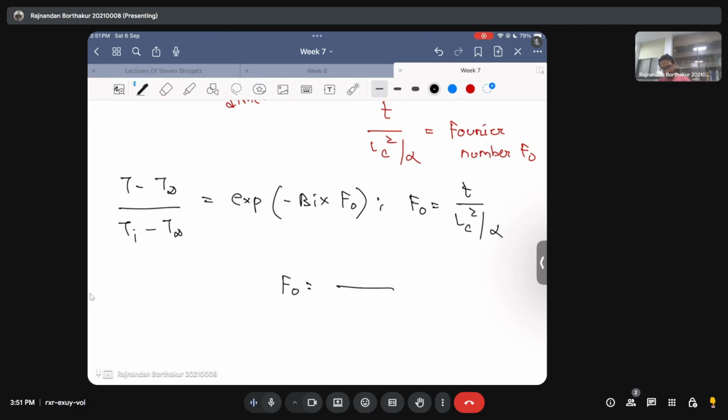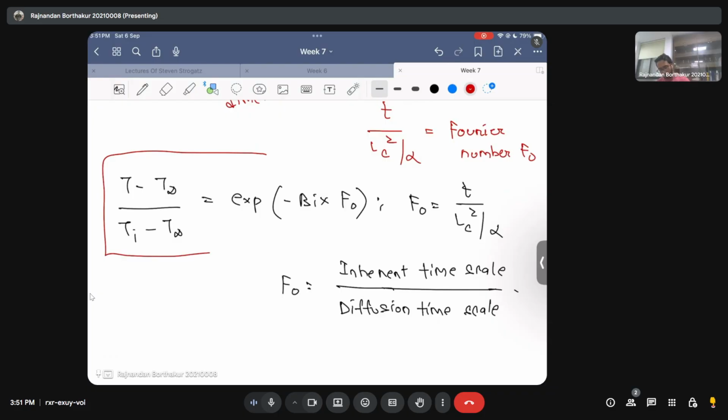First, the inherent time scale, so it's the ratio of the inherent time scale to the diffusion time scale. This is also one of the forms of the temperature profile that you can infer for a lumped body without heat generation.